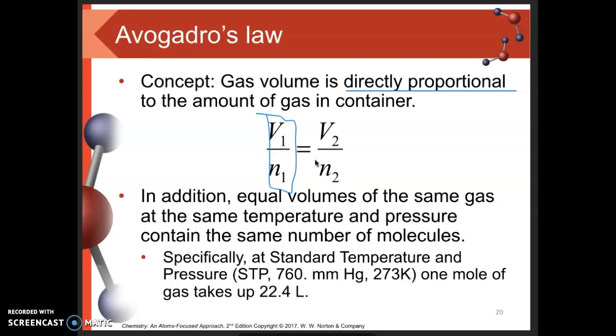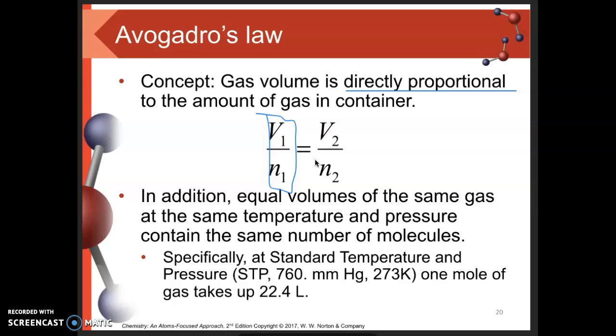STP is 760 millimeters of mercury, 273 Kelvin of temperature, and we can know definitively by this law, by this ideal behavior, that 1 mole of gas, any gas, doesn't matter if it's heavy or light, if it's made out of gigantic molecules or small molecules, takes up 22.4 liters of space. That's one of the real beauties of Avogadro's Law.